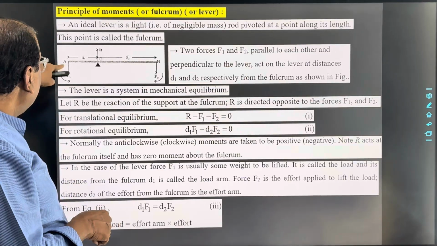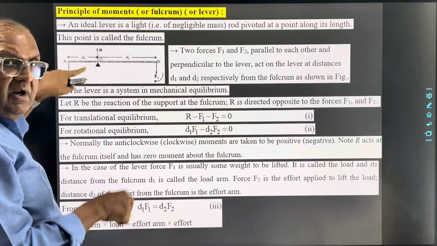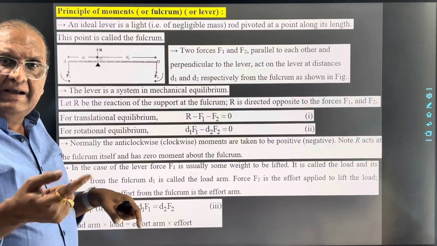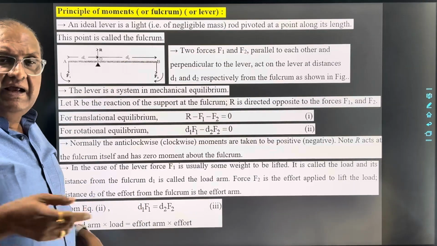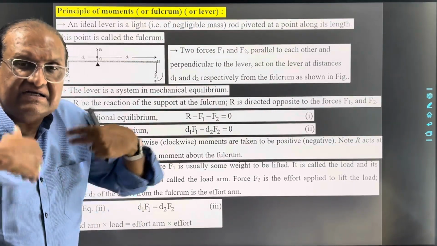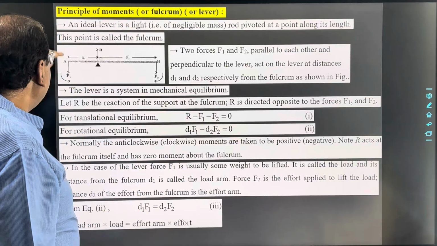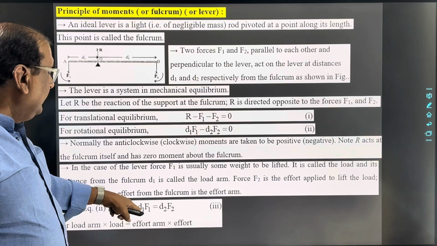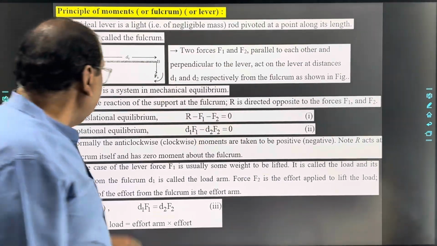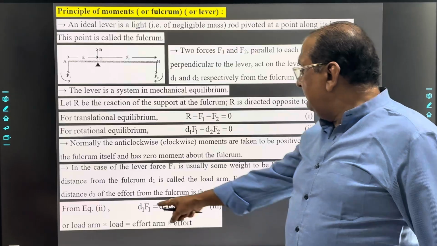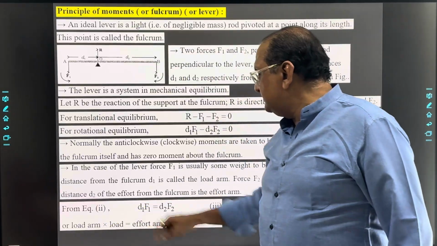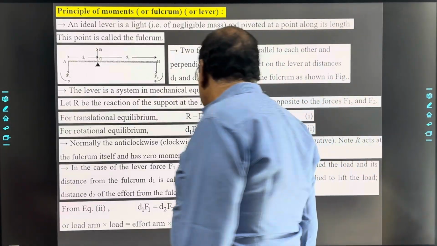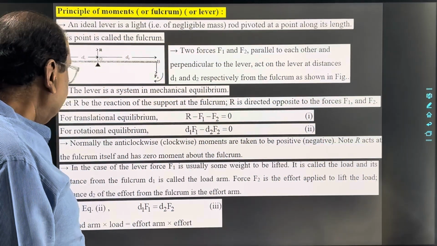This means that to lift up the load at A, you have to apply a force at B, and that applied force is our effort to lift the load at A. Now when we say D1 F1 equal to D2 F2, in words D1 is the load arm, F1 is the load, D2 is the effort arm, and F2 is the effort.